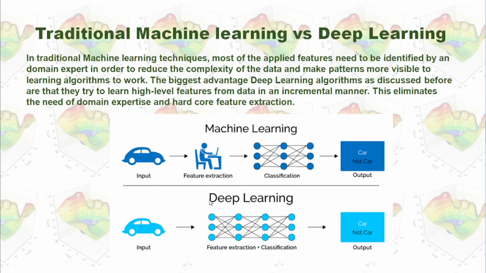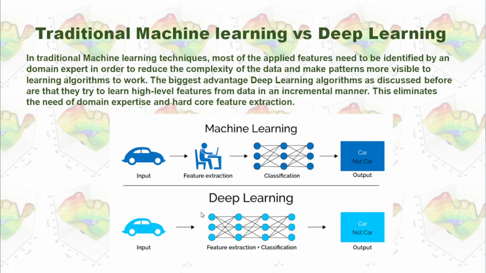In this process, we need to extract features from our data, and then we need to perform classification. In regular machine learning, usually a person or expert will extract all those features, and then we feed the data to a model to perform classification.